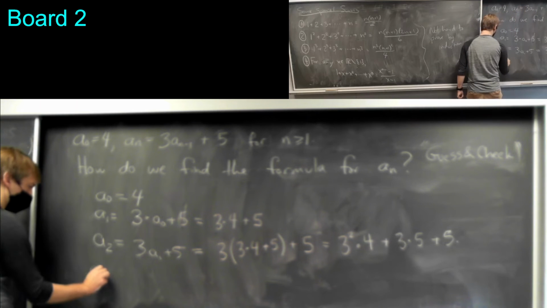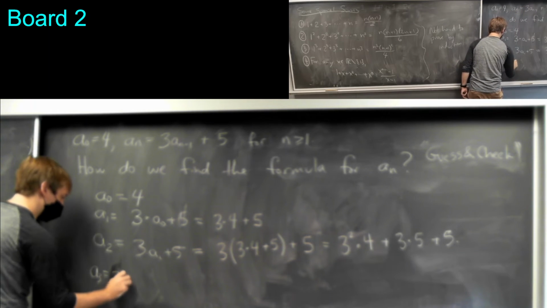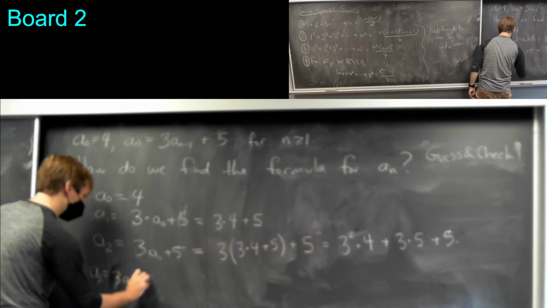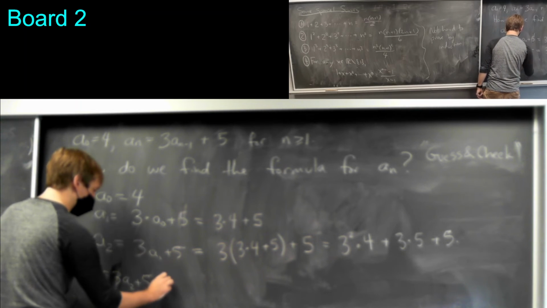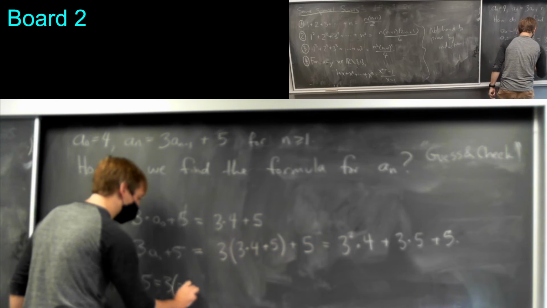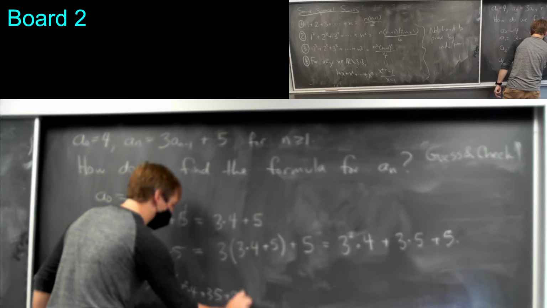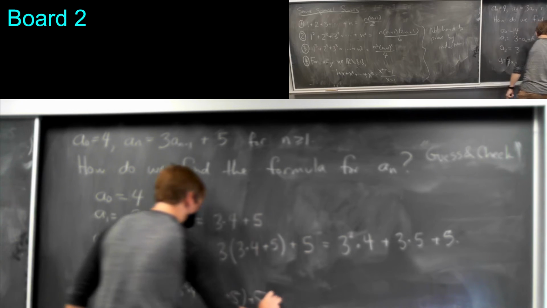So A3: we take 3 times A2 plus 5, which is going to be 3 times (3 squared times 4 plus 3 times 5 plus 5), and then plus 5 at the end.